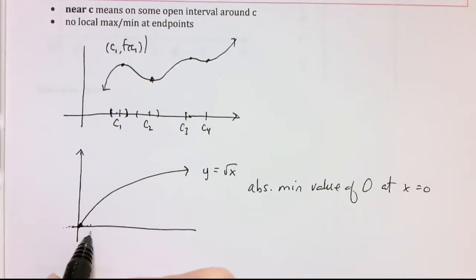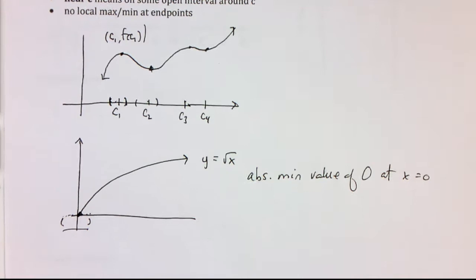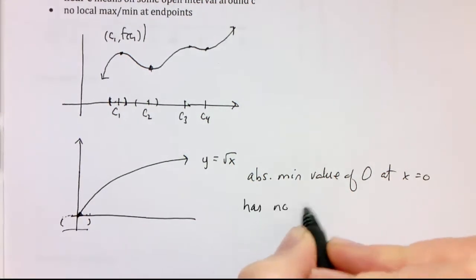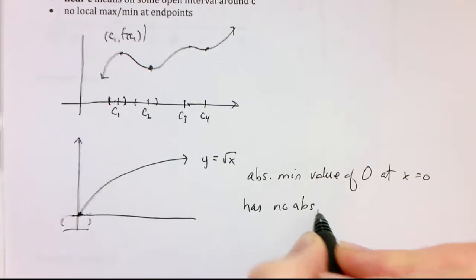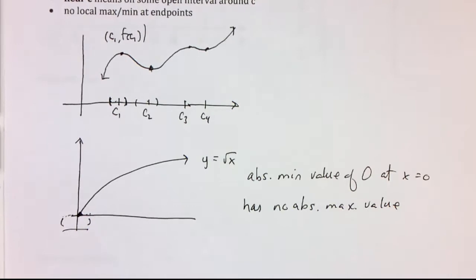So there's not an open interval that contains 0 for which this is the smallest value on that interval. So to be safe, when we're talking about a closed interval, you can't have a local max or min at an endpoint. Now notice also something about this function. Square root x has no absolute maximum value. It just grows and grows forever on its domain.